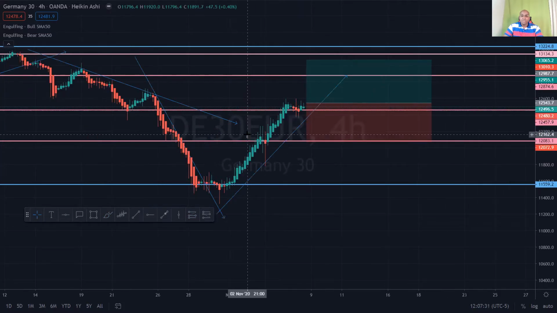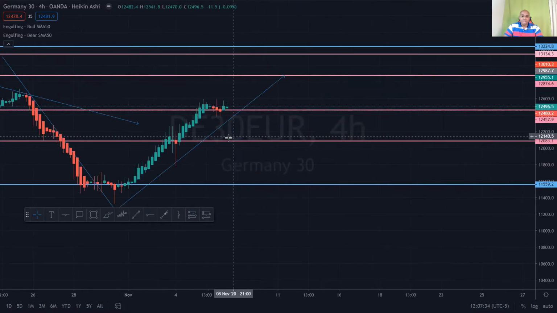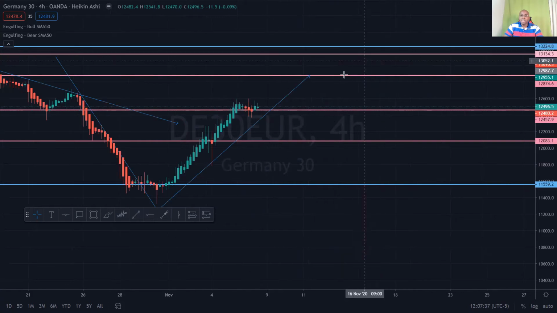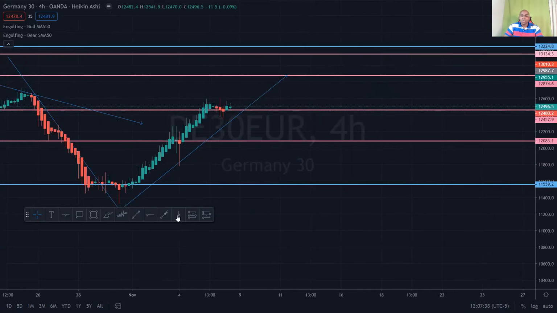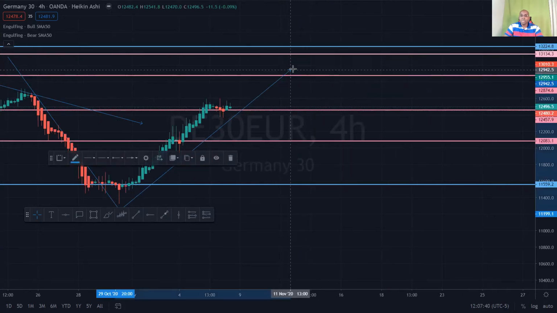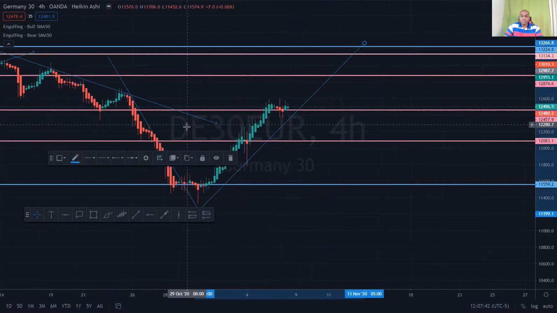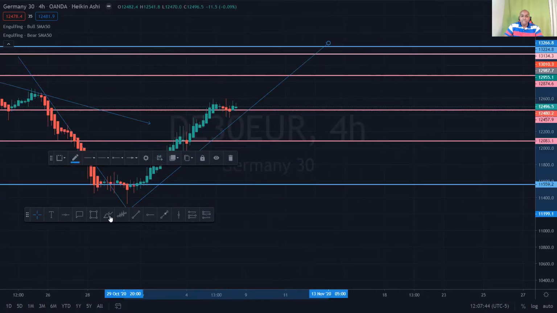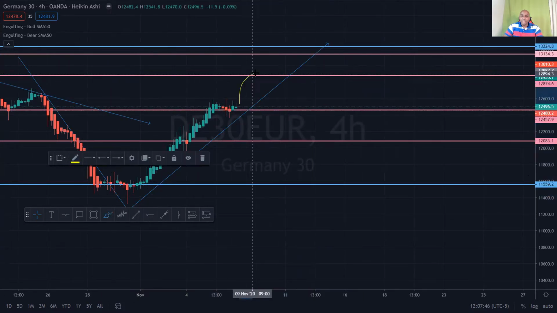However, the fact that German 30 is coming close to this key resistance right here, what you also want to look out for is this. Let me extend this trend line. Say that it does something like this, higher highs, higher lows, right? And then it breaks here. But once it breaks the trend line, you're going to look for the reversal right here to create that lower high.